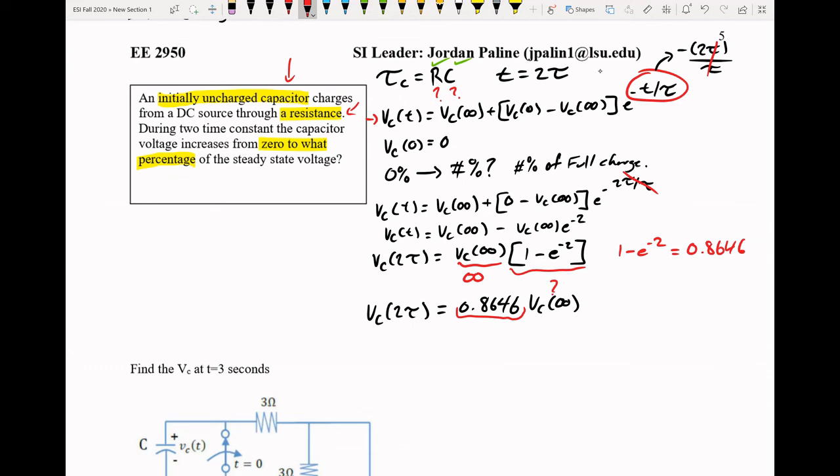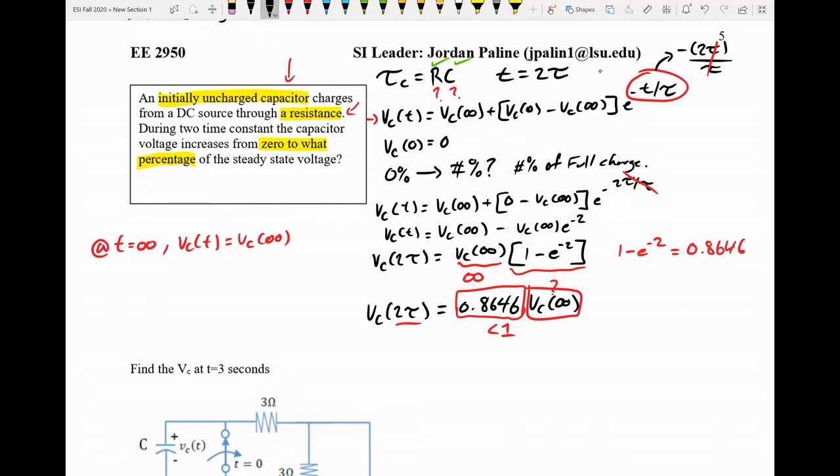So this is less than 1. And we can represent that as a percentage, because we have to remember that at time equal to infinity, V of C of t is equal to V of C infinity. And because we're missing that little bit right there, we can say that this is our percentage of the infinity value at 2 time constants.